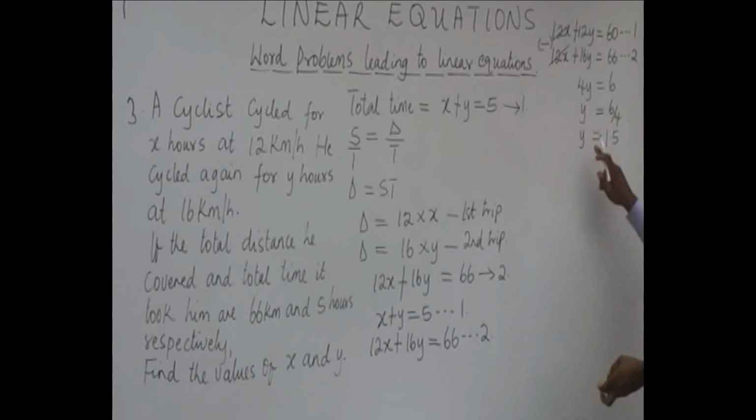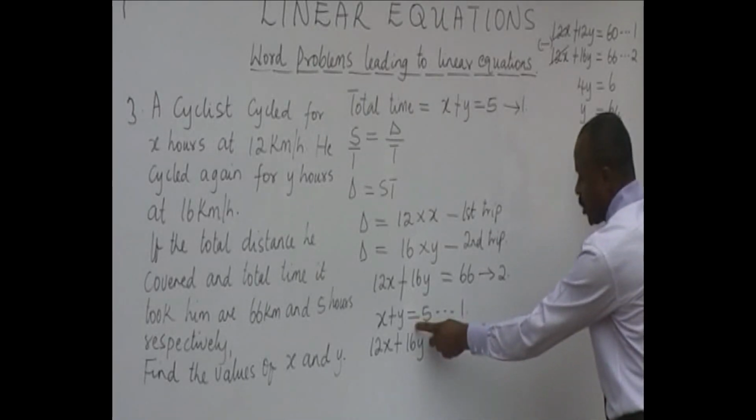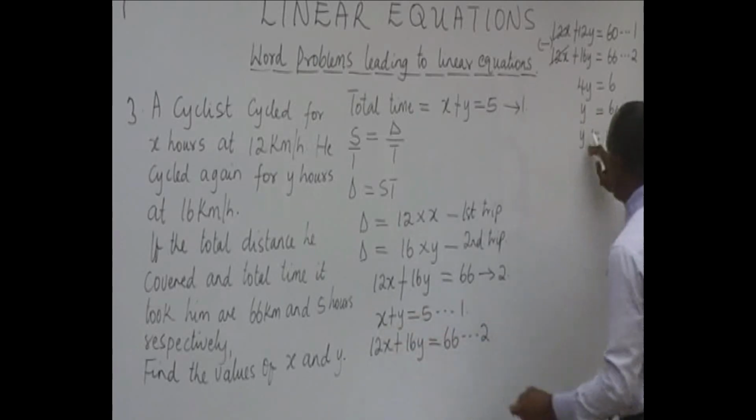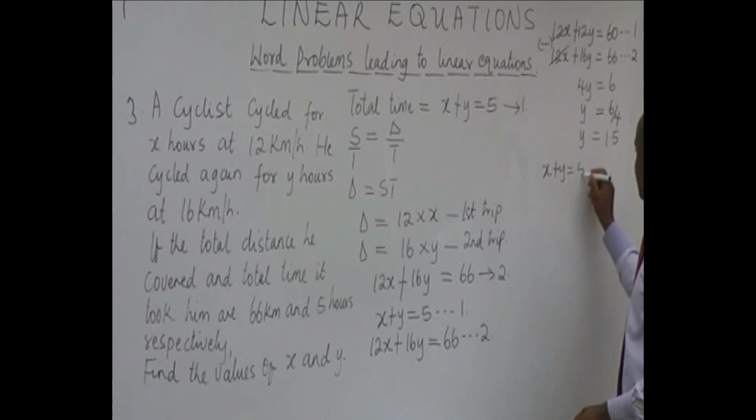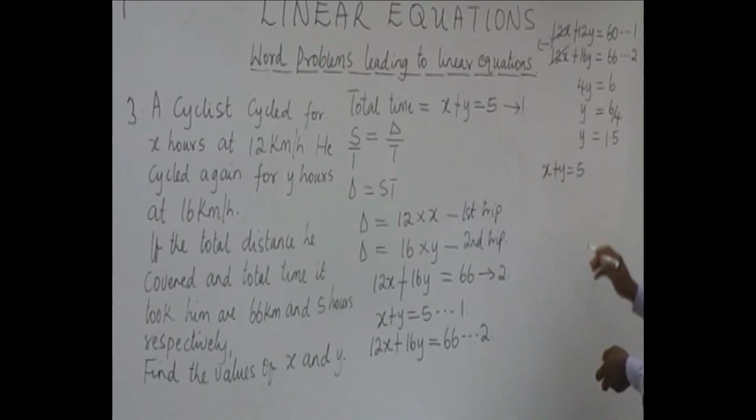Now we can take this value of y and substitute it in any of our equations. Let's take equation 1 because equation 1 is simpler, to get the value of x. Equation 1 is x plus y is equal to 5. But we have found that y is 1.5.